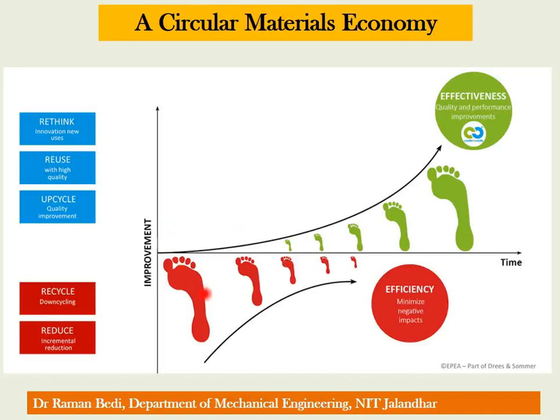As time progressed, we are now seeing the carbon footprint going down, which means the efficiency of the system is increasing. This efficiency has increased maybe because of recycling or downcycling, or a reduction in the carbon footprint here. This has happened because of efficiency increase. But I do not want to stop here.